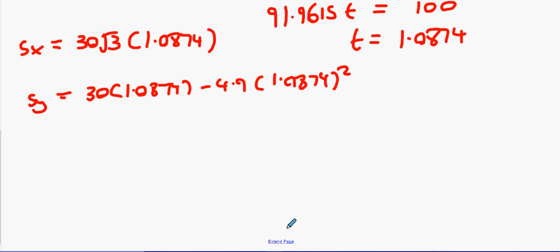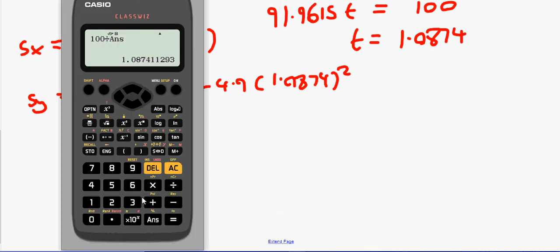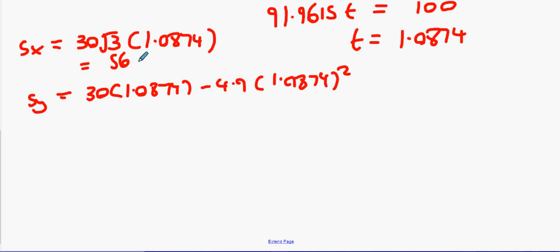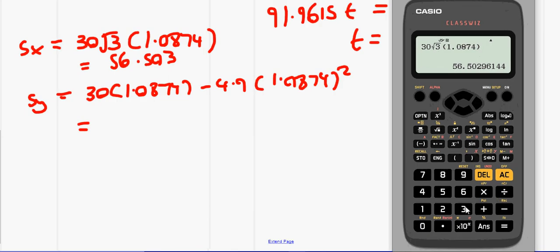Lob it all into the calculator, and we get Sx equals 56.20503, and the other one, Sy, is 26.828.